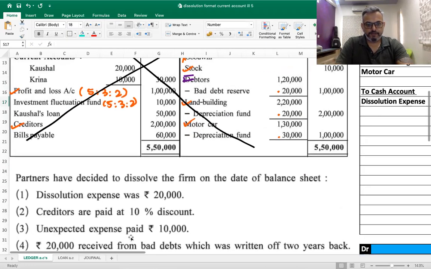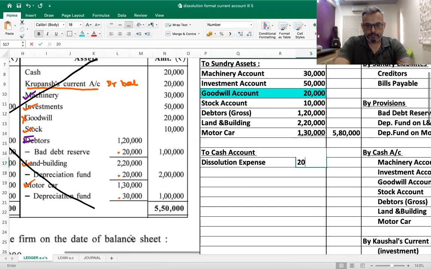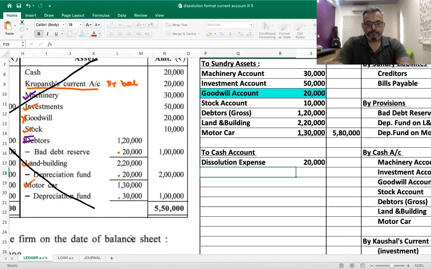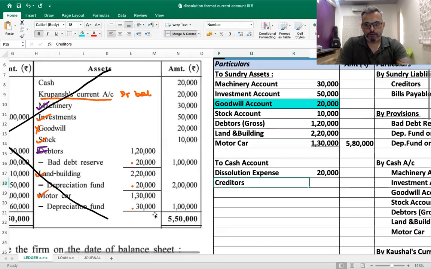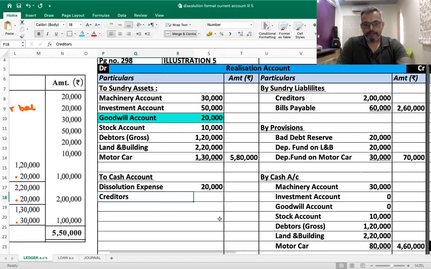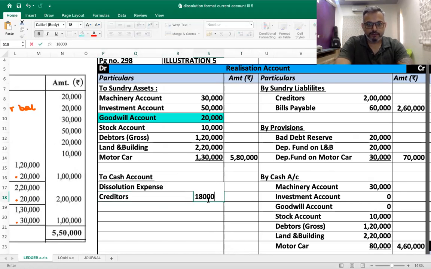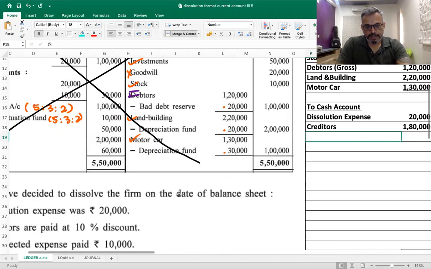Dissolution expense is 20,000. Then creditors. Creditors के लिए ऐसा information दिया, are paid at 10% discount. So creditors are 2 lakh. उसका 10% discount. So it will be 1,80,000. Now let's proceed ahead.